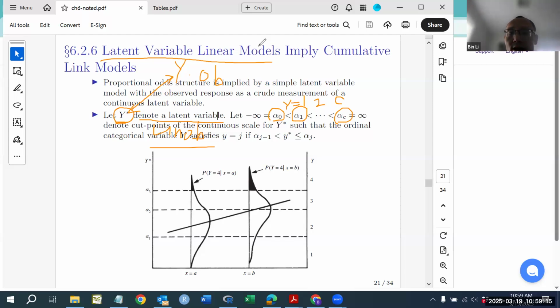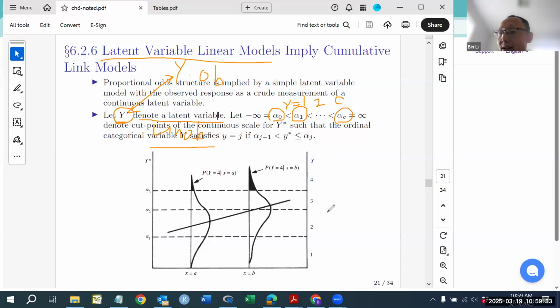Okay, then the cumulative link model is to model the y star as a linear function of the predictors that we have.